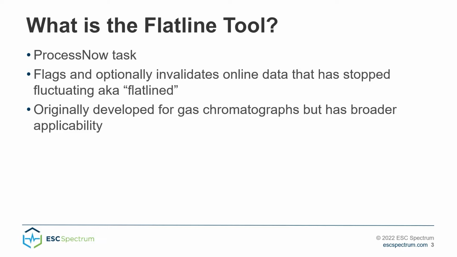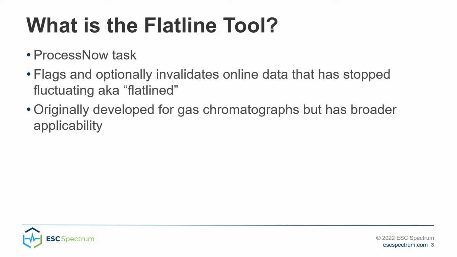With the GC readings, you're normally getting a reading roughly every 4 minutes for your H2S analysis, and 7 to 8 for hydrocarbon analysis. And when you're not used to seeing a value change often, it can take some time to realize that value hasn't changed in quite some time. So that's the original reason this was developed.